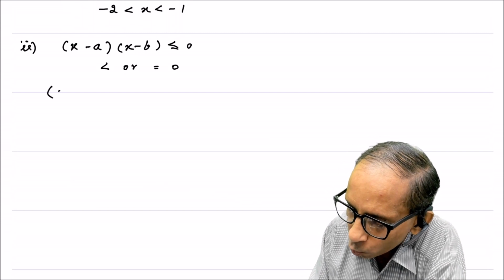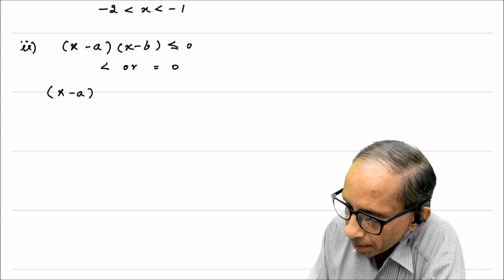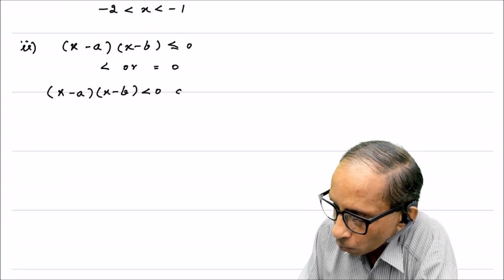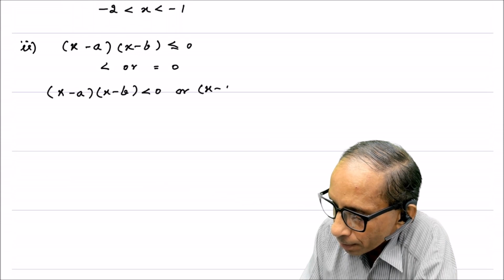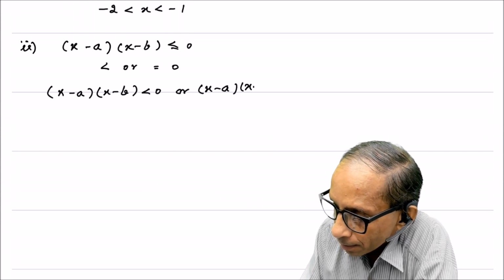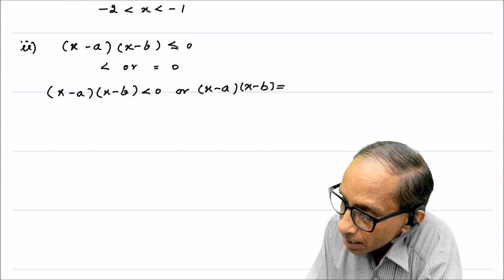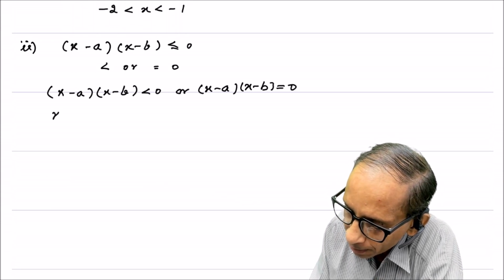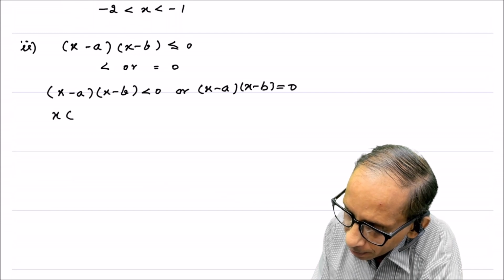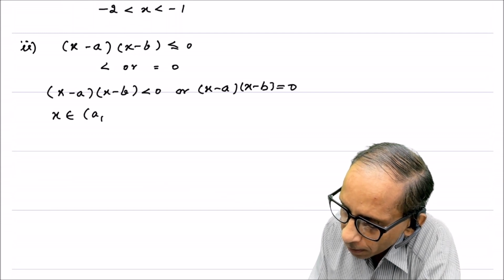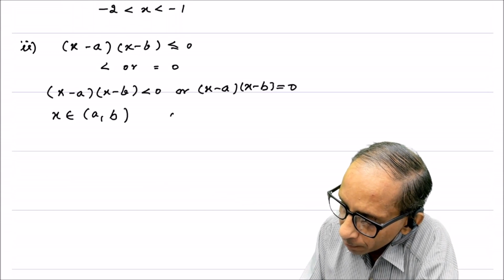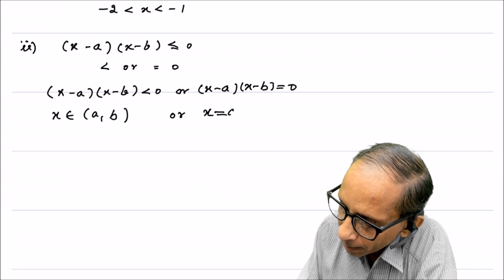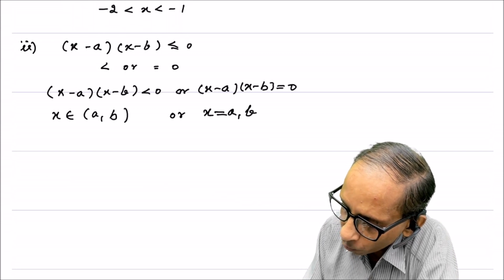So it has got two cases: x minus a into x minus b less than 0, or else x minus a into x minus b is equal to 0. The first one we have seen that x lies in the open interval a comma b, and the second one we know by quadratic equations that the solution is x equal to a or b.